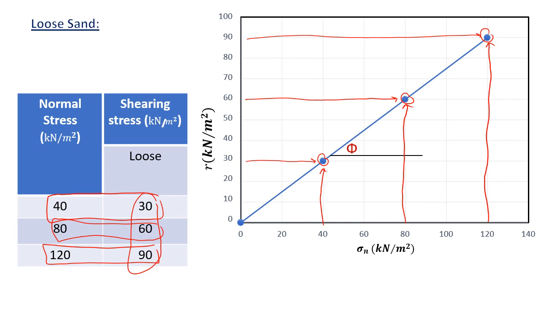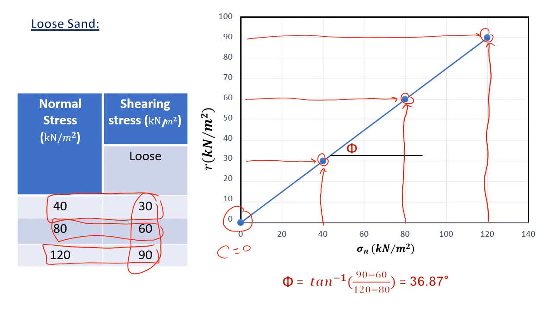Then draw your straight line which passes through the 3 points, and again, since the soil is sand, the intercept on the y-axis is equal to 0, so C is equal to 0. However, the value of phi can be measured by your compass, or you can calculate it by taking the tan inverse of the slope of the straight line.